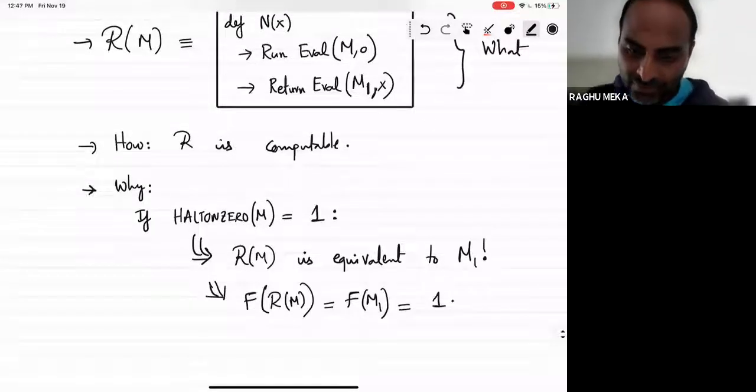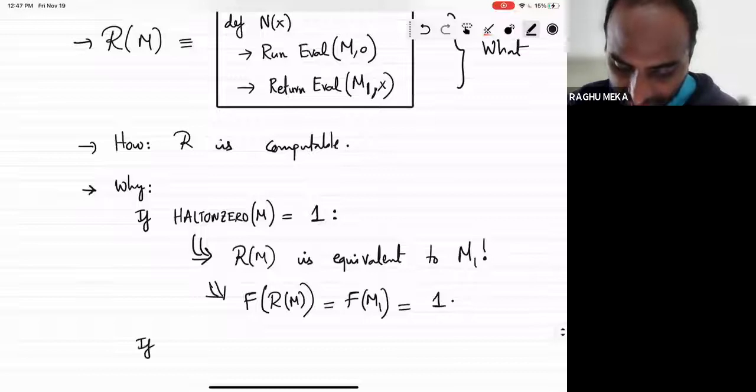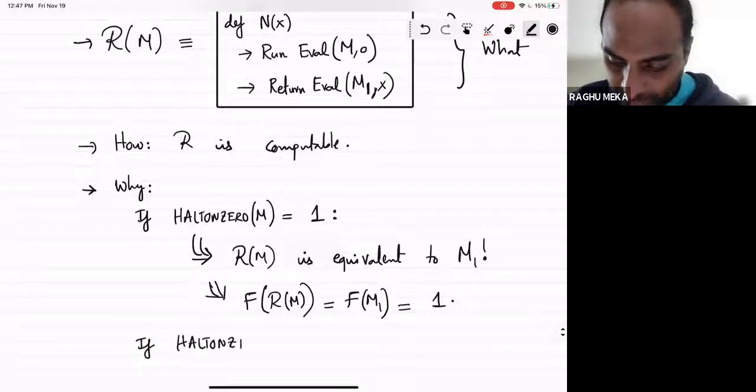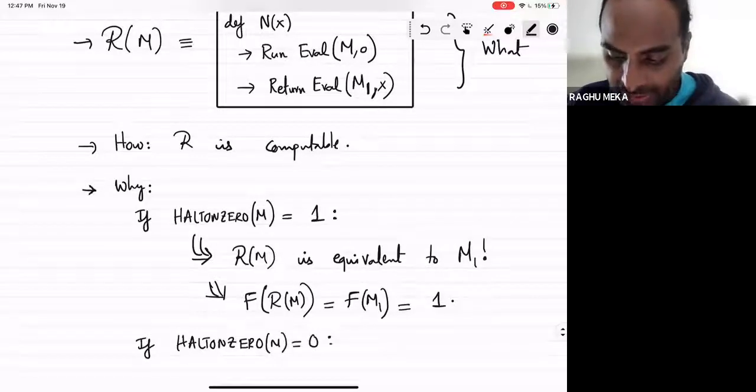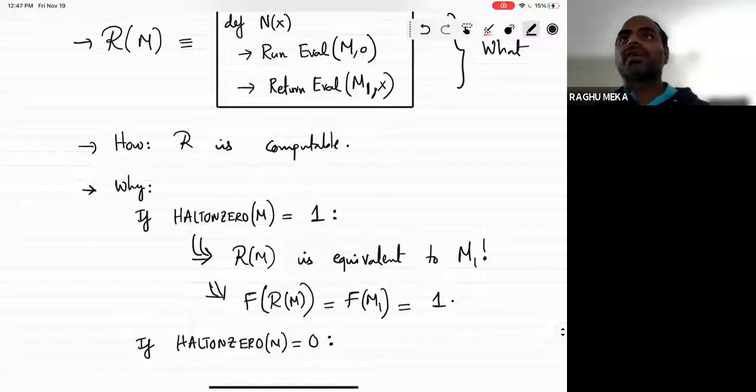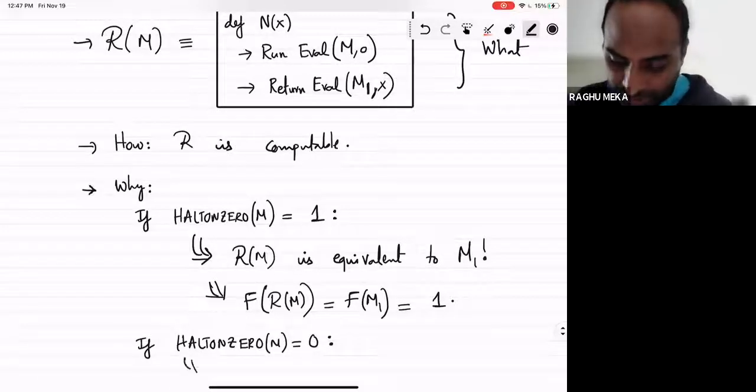Okay? And on the other hand, if halt on 0 of M equals 0, then what happens? Meaning M does not halt on 0. What is R of M equivalent to?